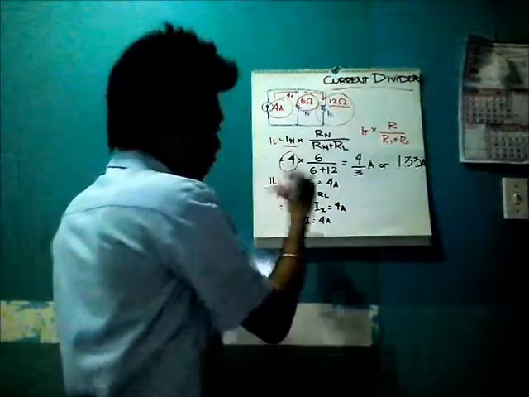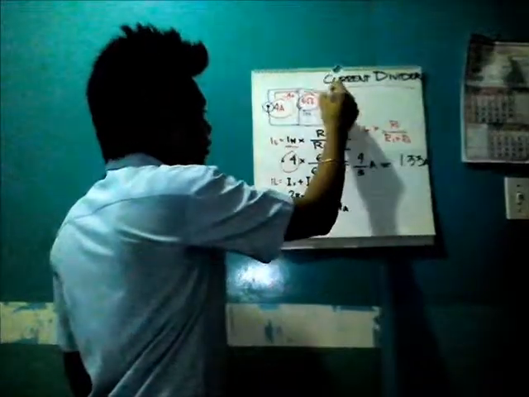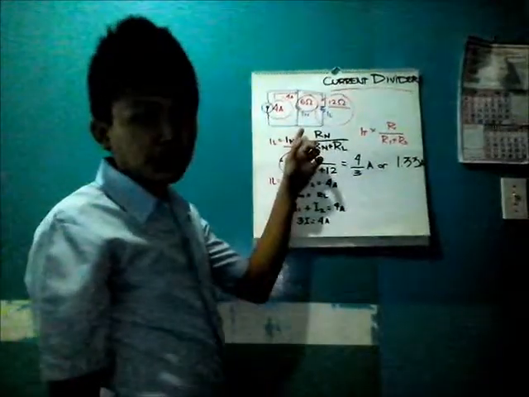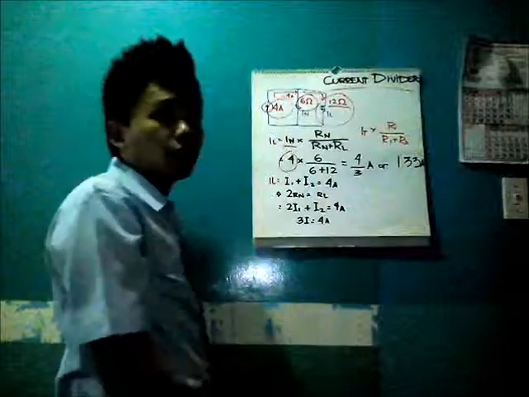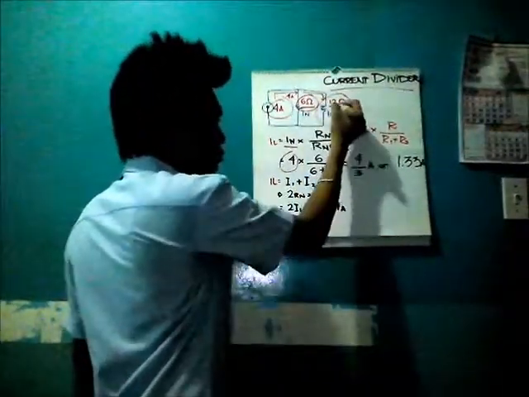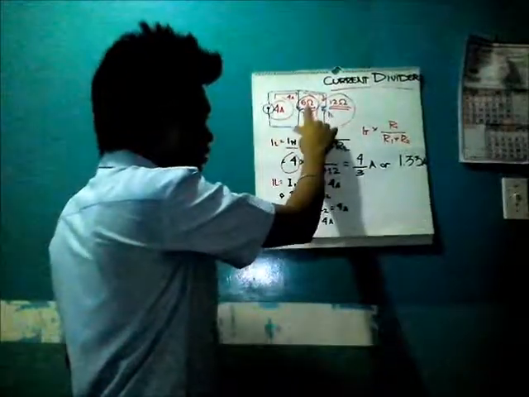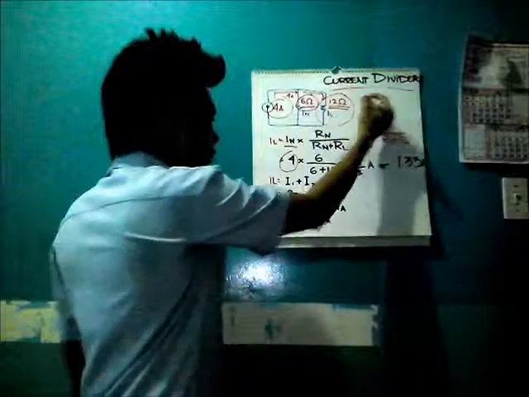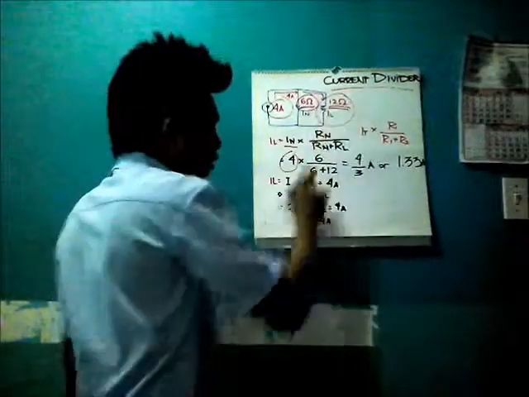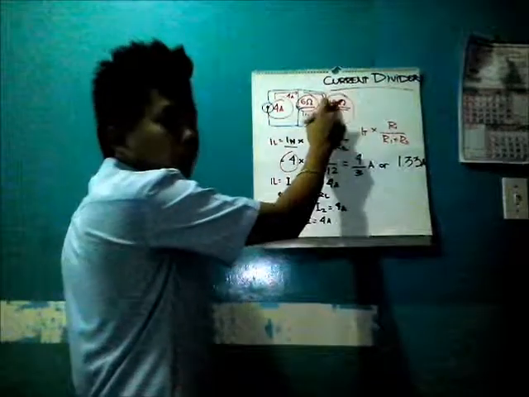You can also use Kirchhoff's law. Kirchhoff's law says that all current here will always be equal to 4. So I1 plus I2 equals 4. Because it's 6 and 12, we will need 2 IN to have 1 IL.